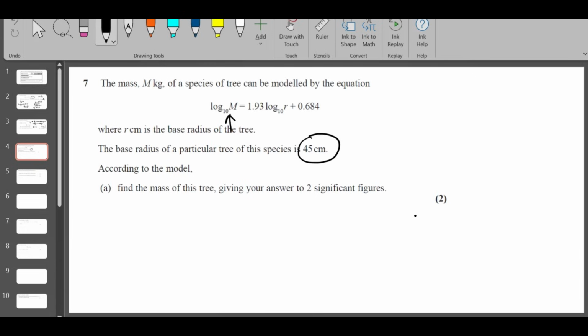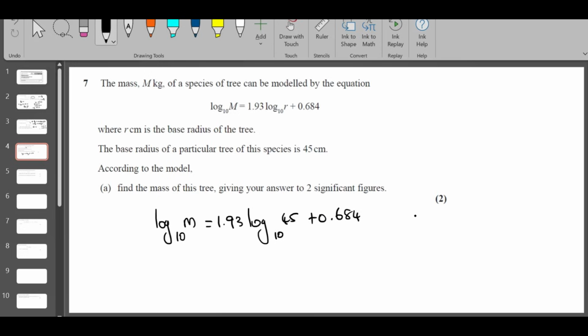So you'll get log m to the base 10 is equal to 1.93 log 45 to the base 10 plus 0.684, and you need to make m the subject. So m is going to be 10 to the power this whole thing.